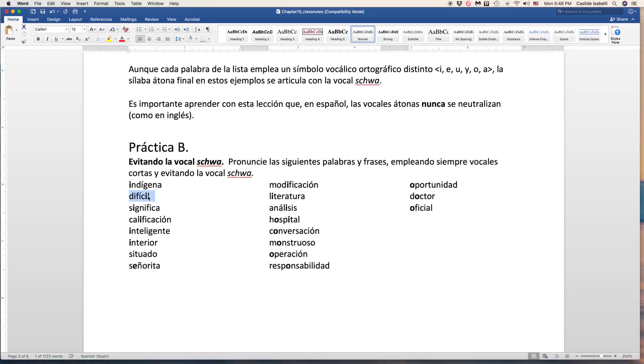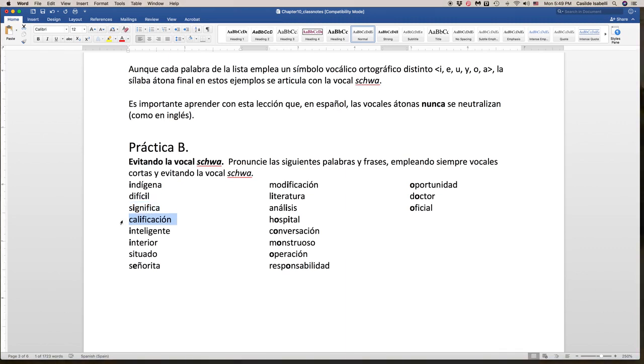En español, difícil. Stretch those lips. Make them nice and tight, like you're smiling, showing all your teeth. Difícil. And that I will come out nice and short and tense. It's not significant. Well, it is significant in English. In Spanish, significa. Make sure all those I's come out as E, significa.